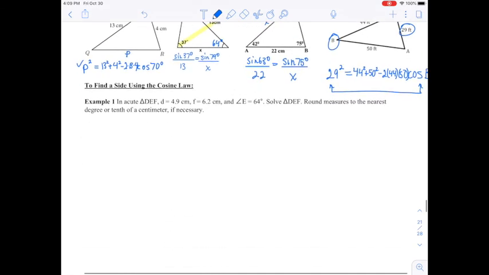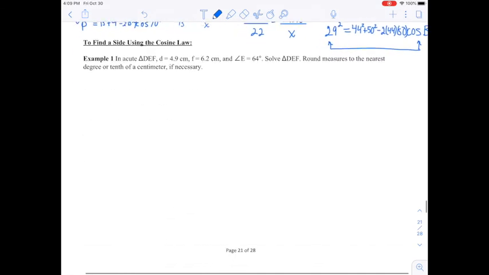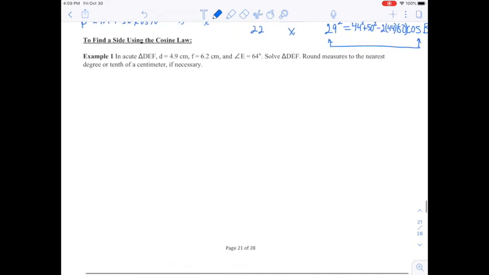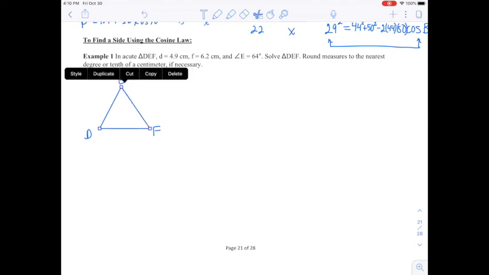Let's actually solve a few examples, shall we? So I have acute triangle DEF. Acute means that all three angles are acute. I know it looks a little bit too equilateral here. Maybe I'll make it look a little less equilateral. All right, so let's have a look at all these pieces of information.